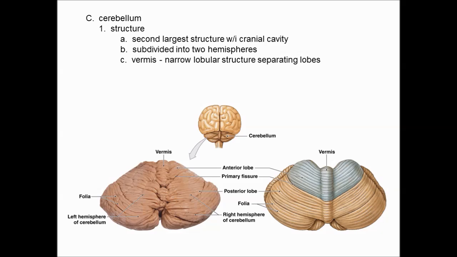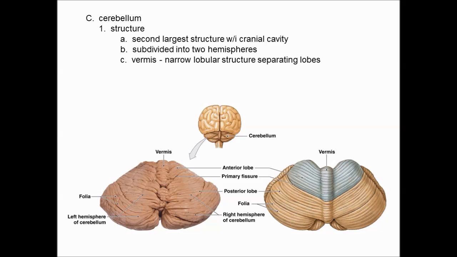And then on the back, this is a superior view, obviously. Looking from the dorsal side, you can see the cerebellum right inferior to the cerebrum, and it's classically called the second largest structure of the cranial cavity. And here's a magnification photo, and you'll see it's divided into 2 hemispheres, just like the cerebrum is, and it's joined by a narrow lobular structure, which is called the vermis.